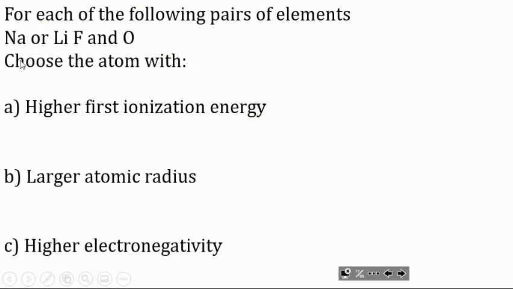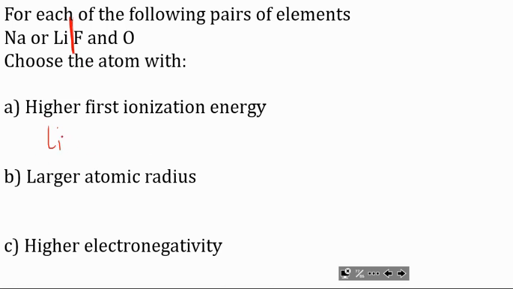All right, so between these, you've got lithium and sodium, and fluorine and oxygen. Between lithium versus sodium, which one's going to have the highest first ionization energy? Li. Why?